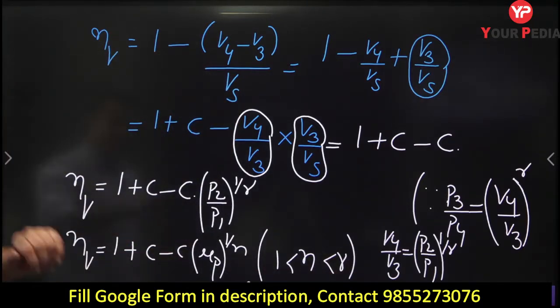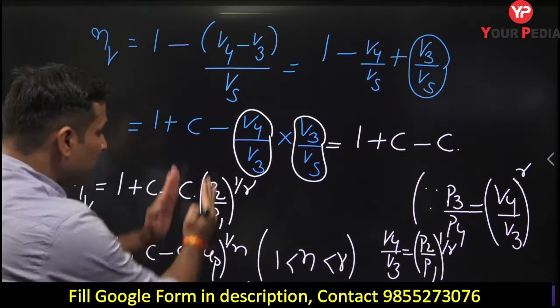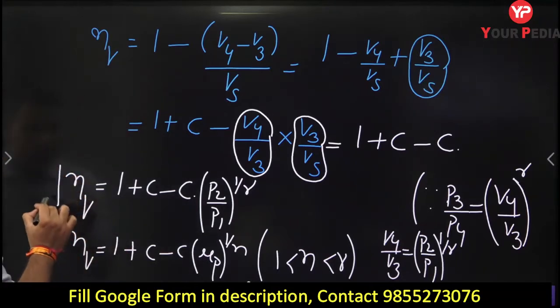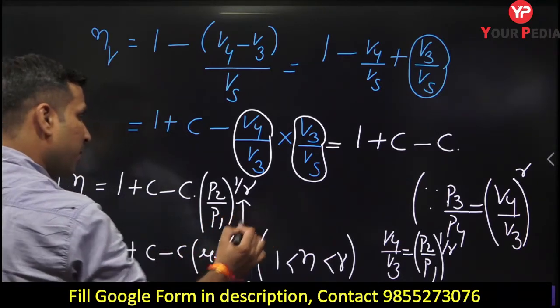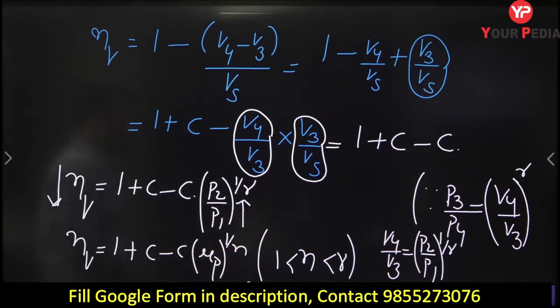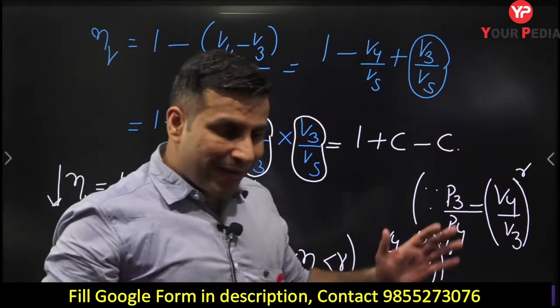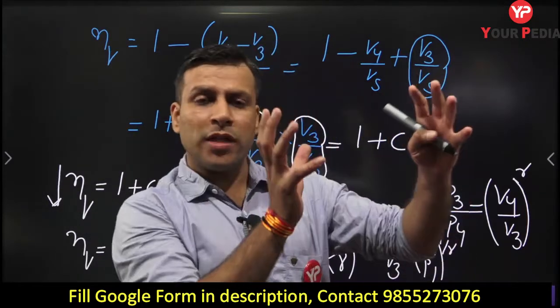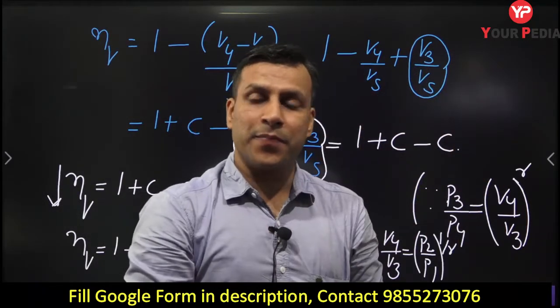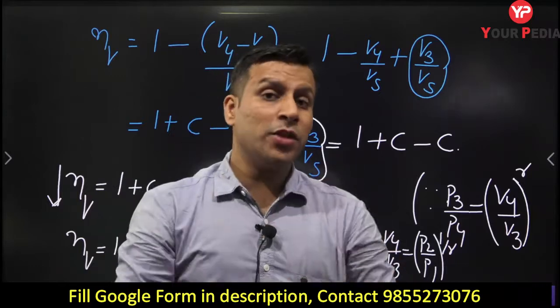So from this easily you can observe that as you increase the pressure ratio, the volumetric efficiency decreases. And why actually is it happening? Because when you are increasing the pressure ratio, the air present at the end of the discharge, that pressure will be very high.